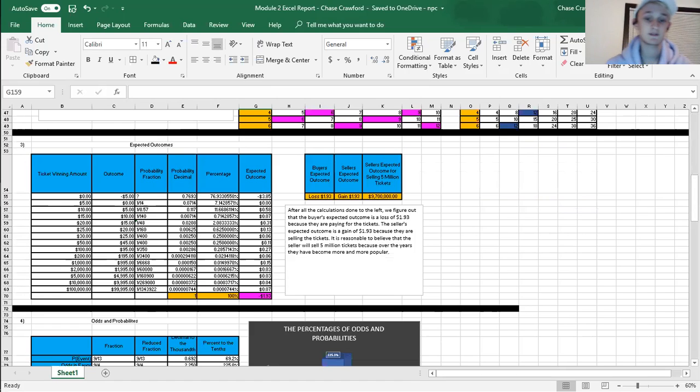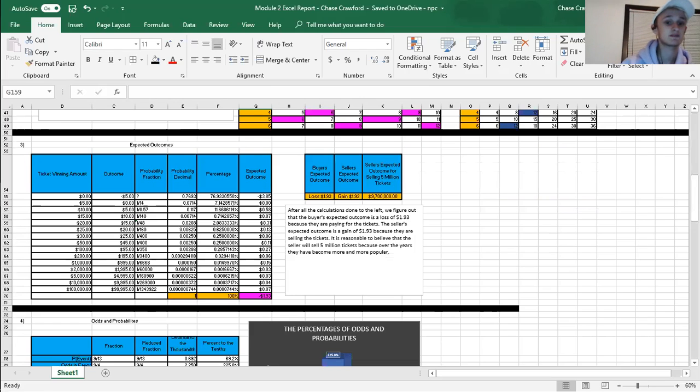And after all the calculations that you see in this chart, plus the thing above my explanation, we figure out that the buyer's expected outcome is a loss of $1.93 because they're the one paying for the ticket, so they're going to be the ones that are more likely losing the money than getting the money. The seller has the expected outcome of gaining that $1.93 because they're selling the tickets, and so they're not losing anything.